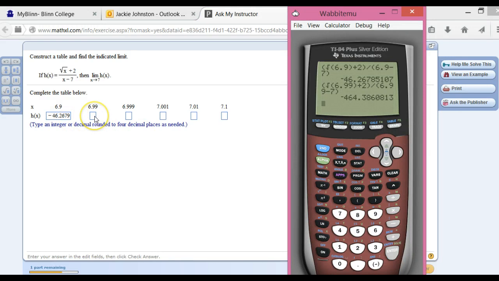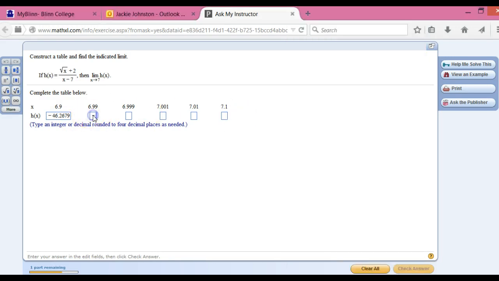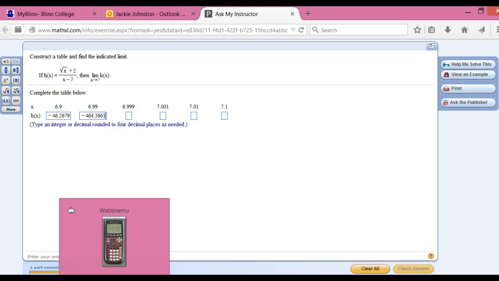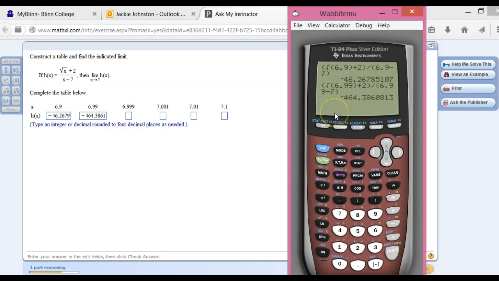So we said the 6.99 was this number. So let's go ahead and plug in our negative 464.3861. All right, and let's find our value for 6.999. And we can actually do second entry, and that will bring up one where I just need to insert another 9, and that just saves us a little time.